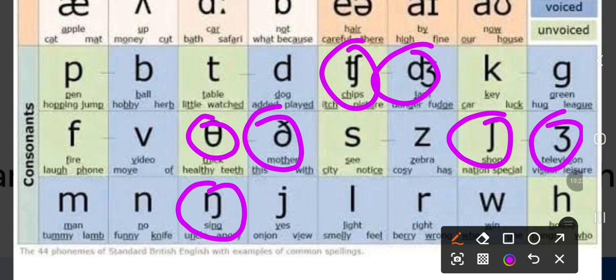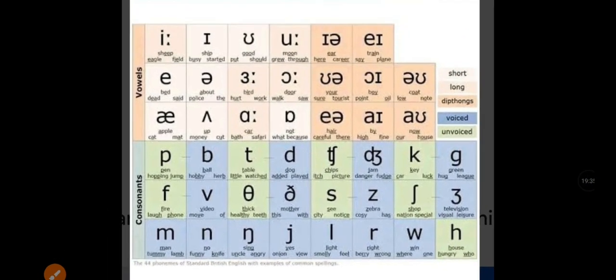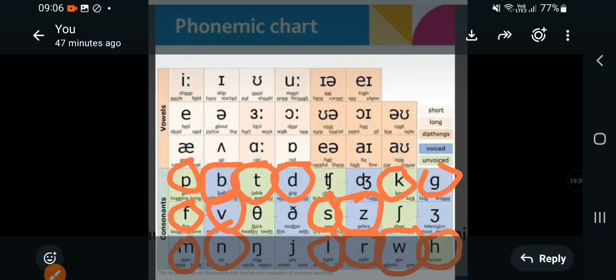And 8. These are 8 new sounds you just have to remember. So how to remember? I'll tell you. This way.